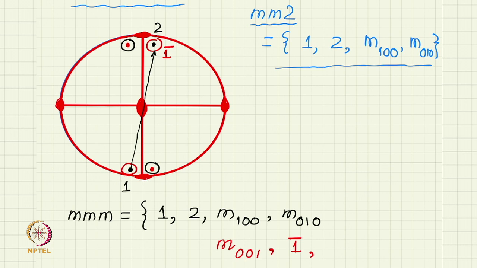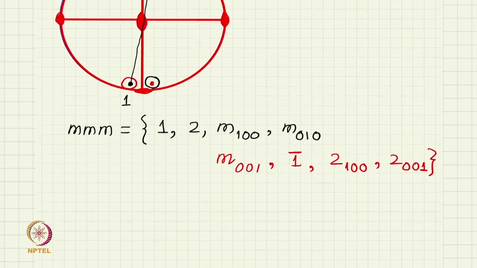in the y direction. So we can call that, I can write it in the group itself, 2 1 0 0 and 2 0 0 1. These 4 operations get added to MM2 to give me MMM.